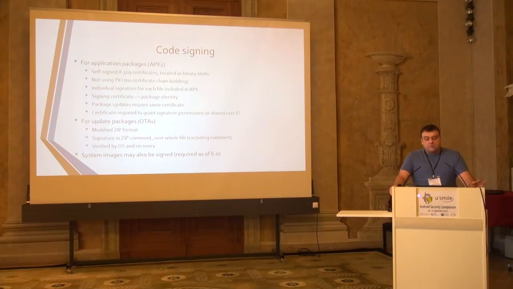Treated as binary blobs. What it means is that Android doesn't really care what's in the certificate. It doesn't care what extensions it has. It doesn't care what your name and email address or whatever. So in this sense, code signing is using PKI technologies, but it's not actually PKI.